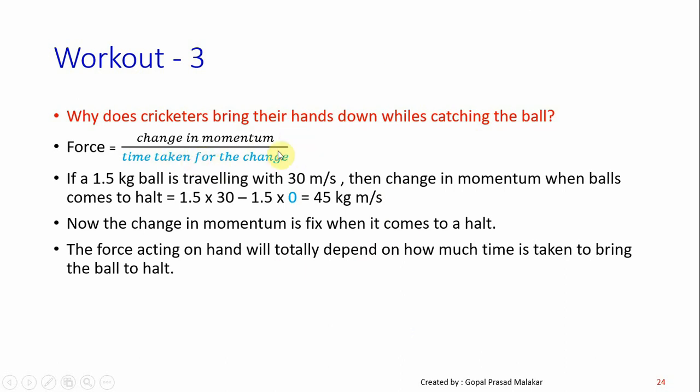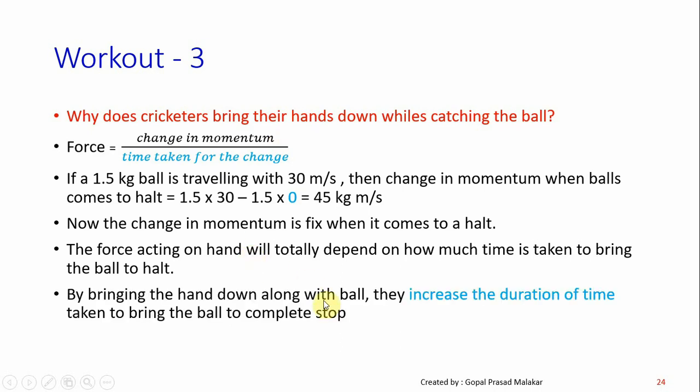So he is taking more time to make the change in momentum, and the force will be lesser. By bringing the hand down along with the ball, they increase the duration of time taken to bring the ball to a complete stop. So the change in momentum is the same, but the time taken is more because he is bringing his hand together, and that's how the force experienced by the hand will be lesser.